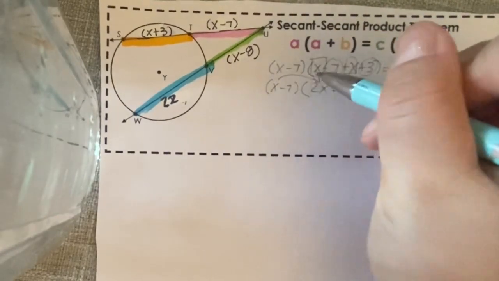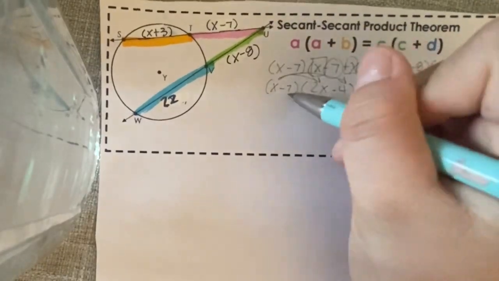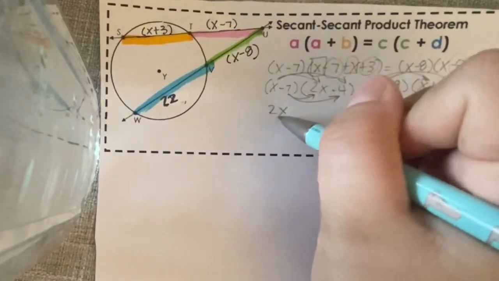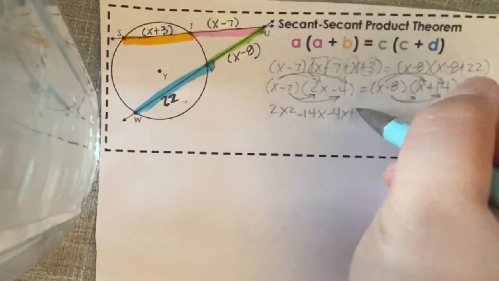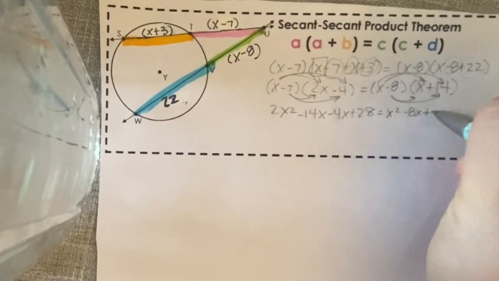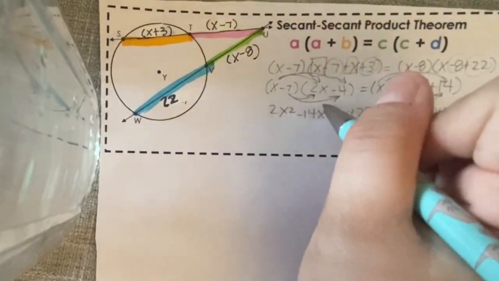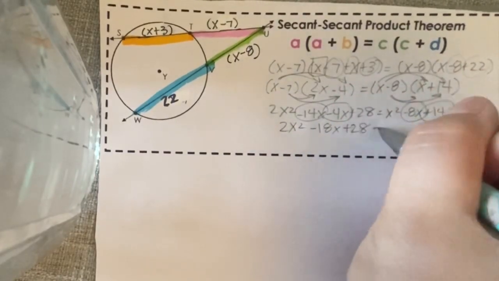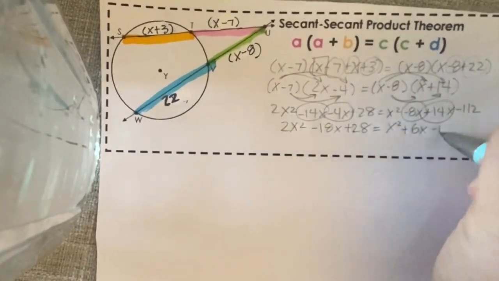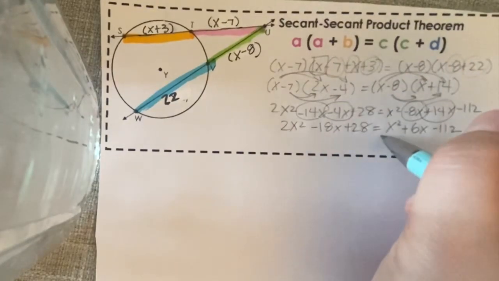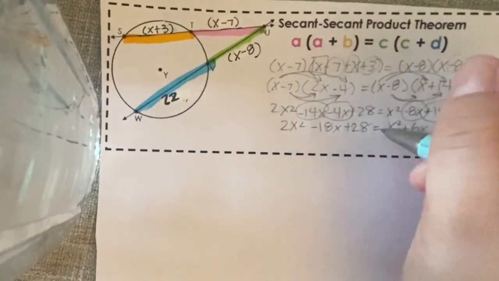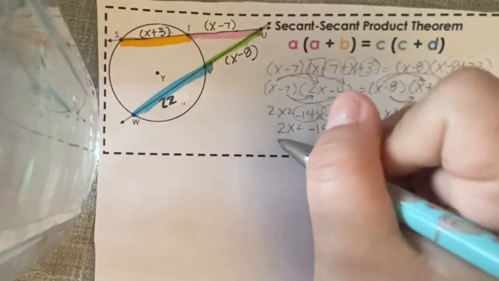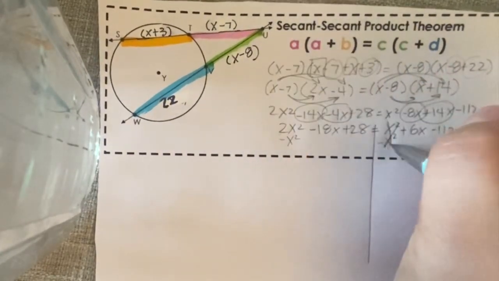Now we're going to do our double distribution. Combine again, starting with our highest power term. 2x squared is greater than 1x squared, so we're going to get rid of that one.